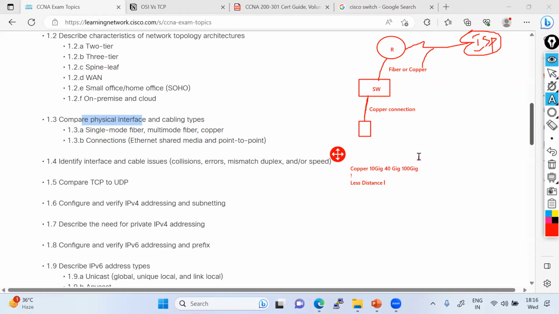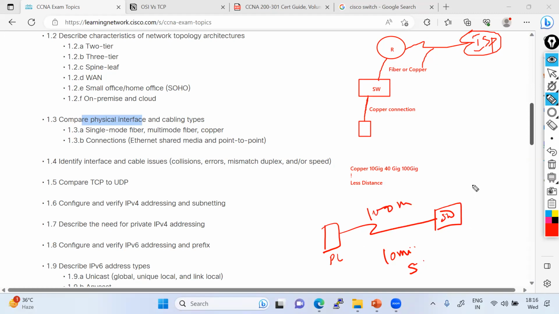Let's say you have one PC here and a switch here, and you want to connect them. You can connect, and it could be 5 meters away, 10 meters away, or 100 meters away. But if it is more than 500 or 1,000 meters away, then it is not a good choice.